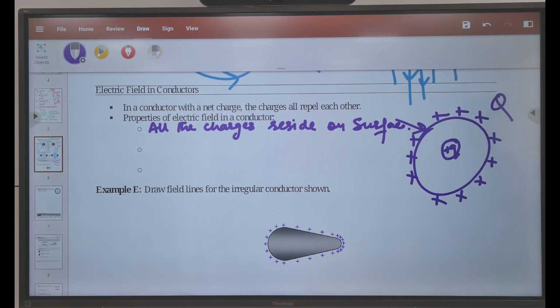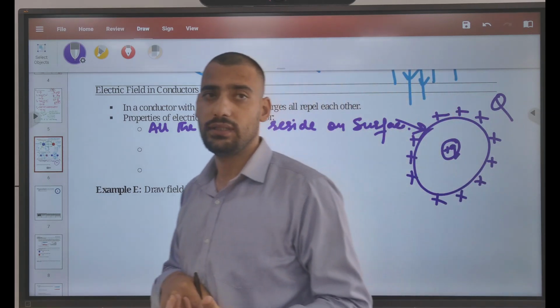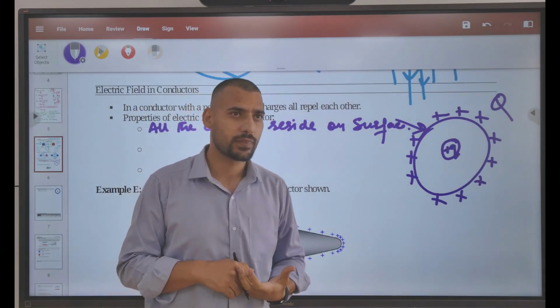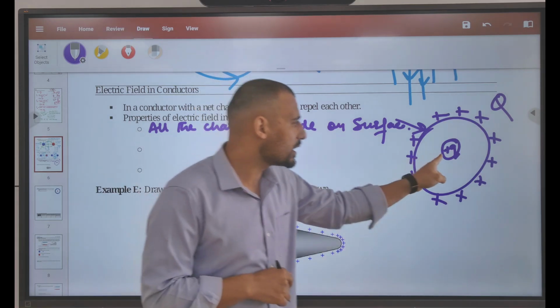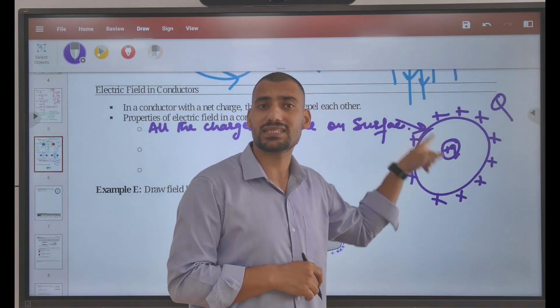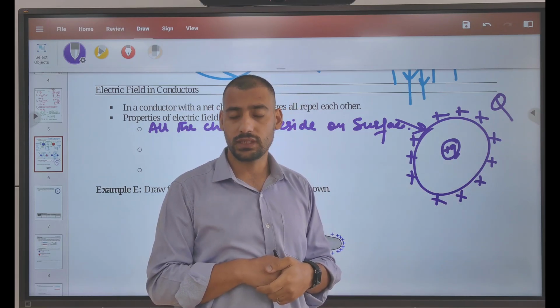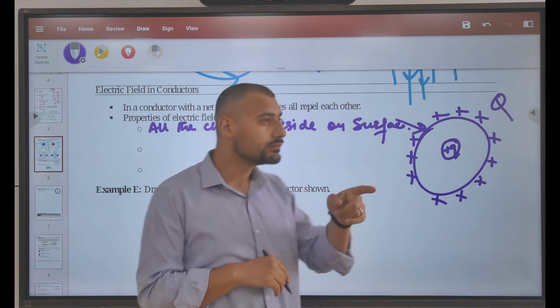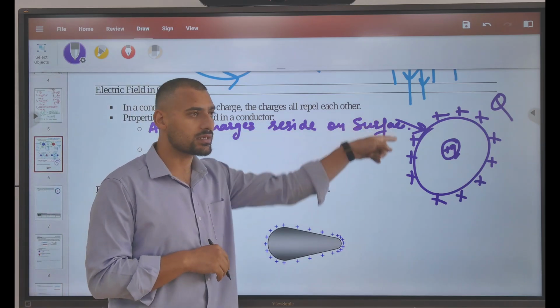The question is, will this charge experience any force? Yes or no? If this charge is placed inside, will this charge experience any force? Yeah? All the charges reside on the surface.